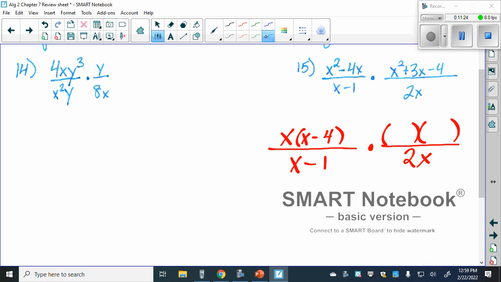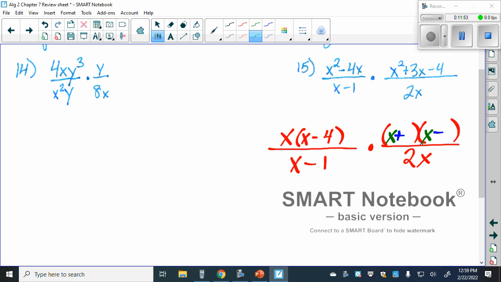Now for the x squared plus 3x minus 4, we'll need two sets of parentheses, and we would have opposite signs. Now we would normally check for greatest common factor, and I think at this point, when we look at it, we can see that x squared, 3x, and 4, there isn't a greatest common factor, because 1, 3, and 4 won't have it. Then we have our signs, and factors of x squared are x and x.